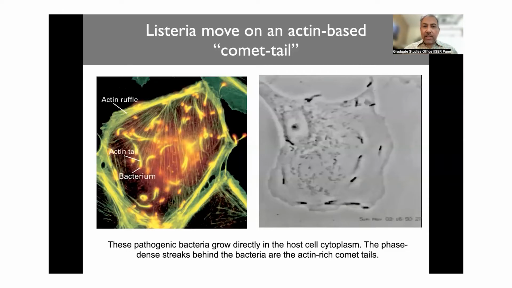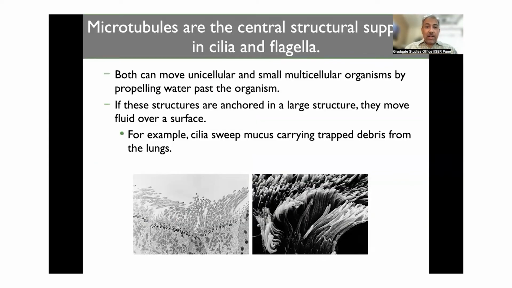So there are very interesting examples of how, the fact that this actin is present in eukaryotic cells, the prokaryotic cells that are entering the cell have also found a way to exploit and use these cytoskeletal components.